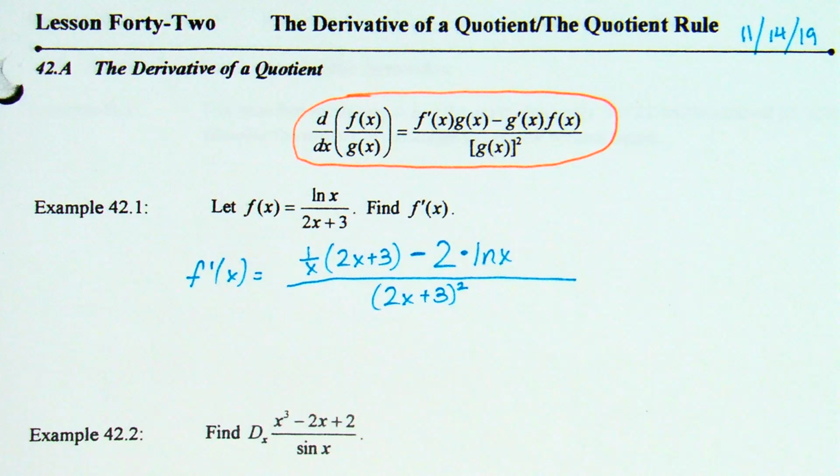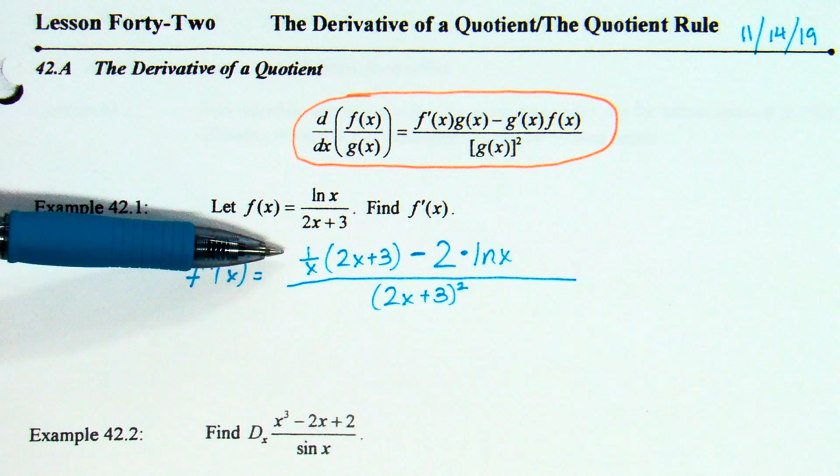Oh, I like it. Do we need to simplify that though? We are going to simplify a little bit, and how much you simplify just depends on the problem. Sometimes there's a lot of simplifying that can be done, sometimes not too much. The one thing that is generally not okay to leave is fractions within fractions.